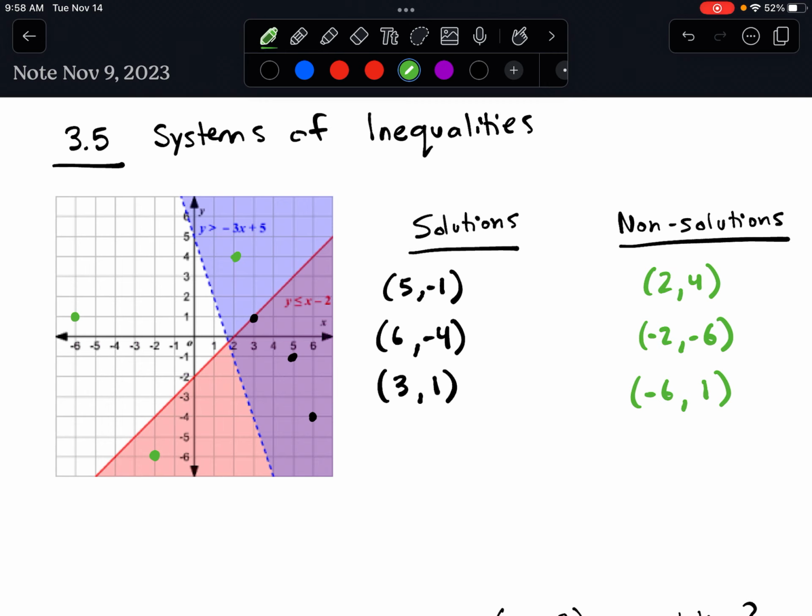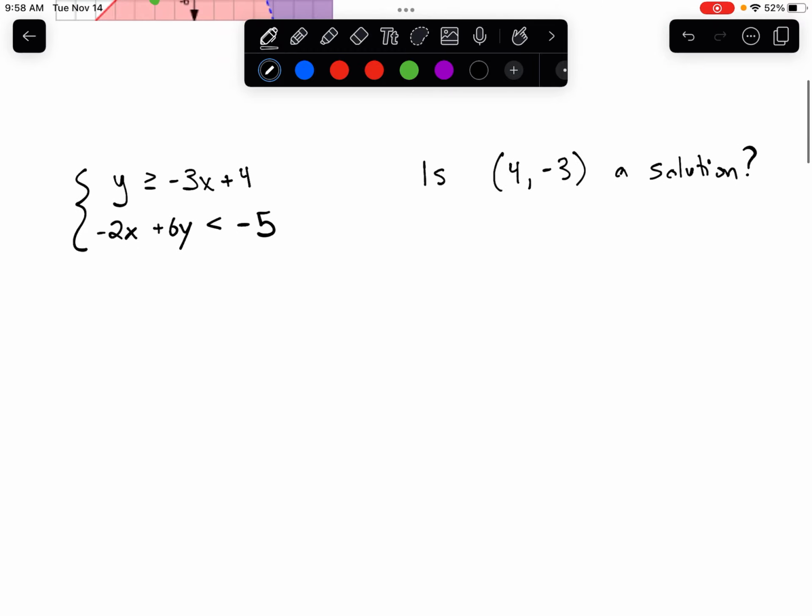So any of these black dots are going to be solutions, and then any of the green are not going to be solutions. If we didn't have a graph and we were just given a system of inequalities, you might be asked, is this certain point a solution? So if you think about the graph, we're trying to think, is this point going to be shaded by both of these inequalities?